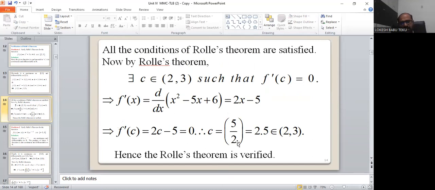Okay, it means Rolle's theorem is verified. So in this way, we can solve a number of problems.